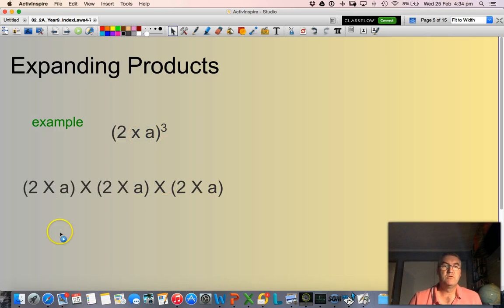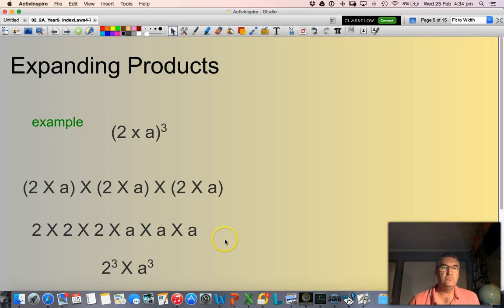That would become 2 times A times 2 times A times 2 times A. I could simply rearrange that and end up with 2 multiplied by 2 multiplied by 2 times A times A times A. And if we look to create indexes from that, we would end up with 2 to the power of 3, because there are 1, 2, 3 2's there, and A to the power of 3. Now, that is an example of the expanding product law.